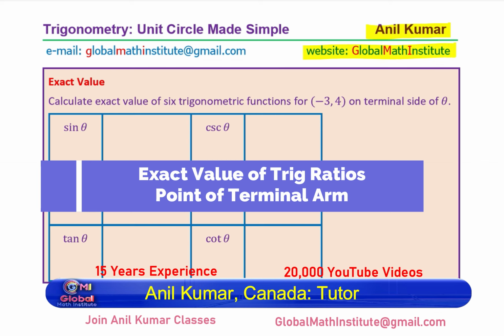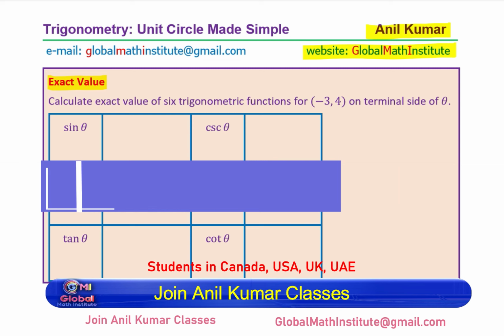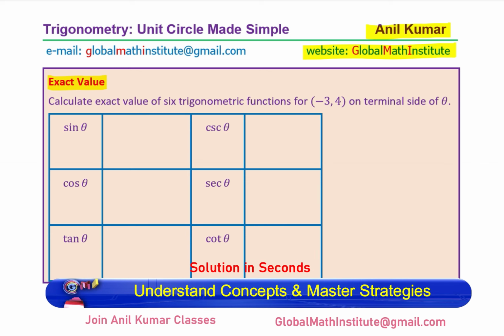In this video, we will see how we find the exact values when a point on the terminal arm is given to us. Exact values for all the 6 trigonometric ratios. So the question here is, calculate each value of the 6 trigonometric functions for (-3, 4) on the terminal side of theta.